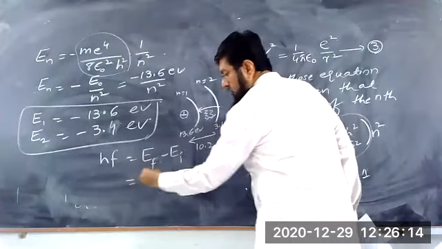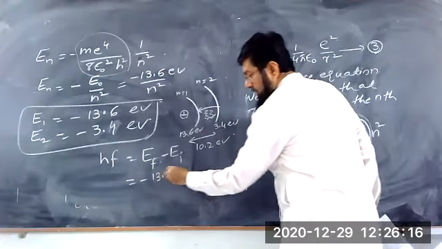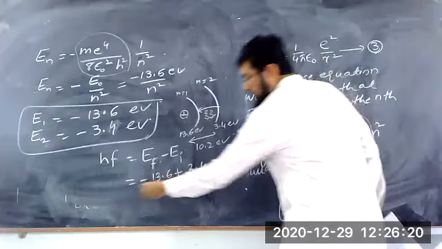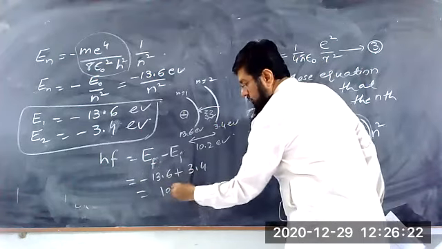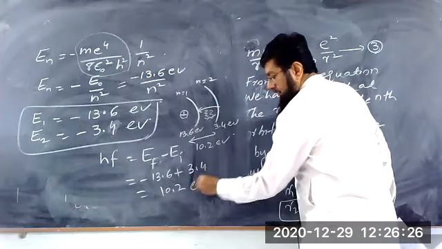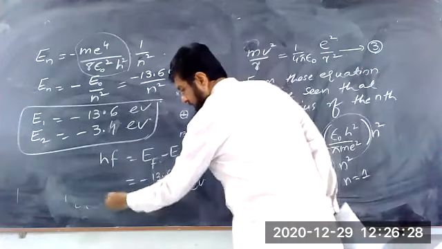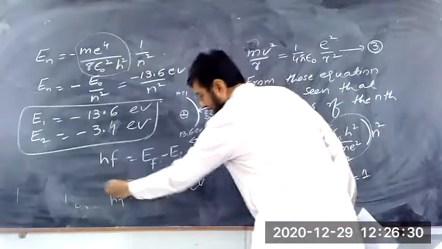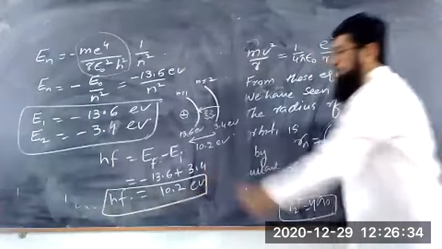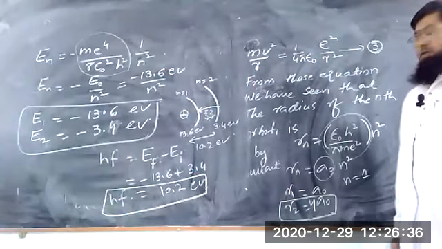Final is equal to minus 13.6 minus minus 3.4, which is equal to 10.2. So the negative sign only indicates the binding energy. So the energy of the emitted photon is equal to 10.2 electron volt.